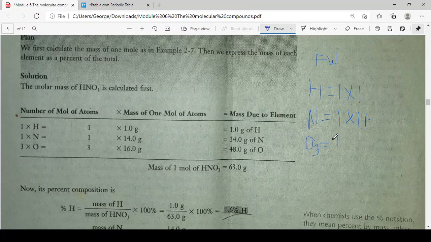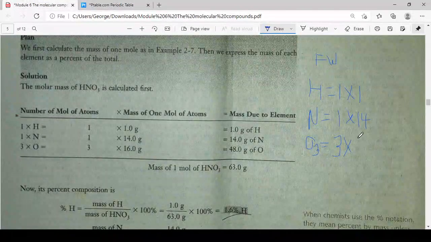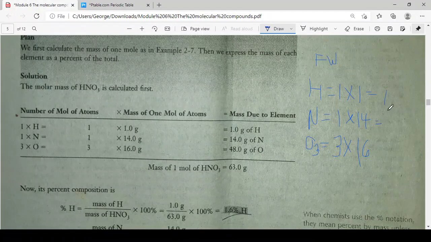Next, your oxygen. What is the subscript? 3. Therefore, you have 3 oxygen, times the atomic mass unit of our oxygen, 16. So 1 times 1 is equal to 1. 14 is equal to 14.